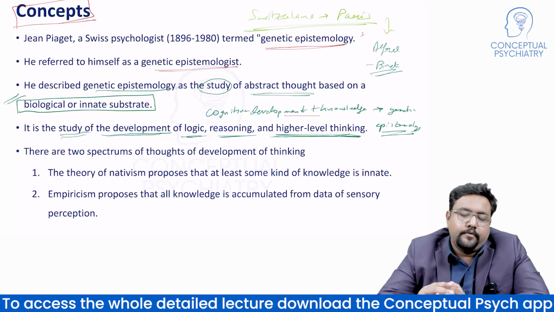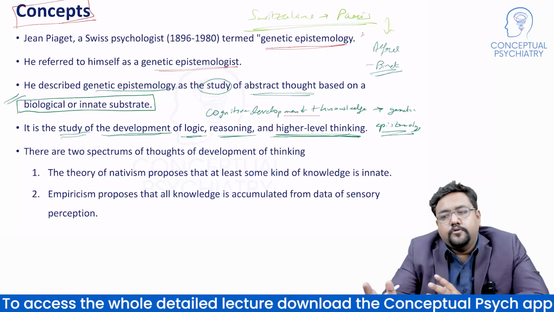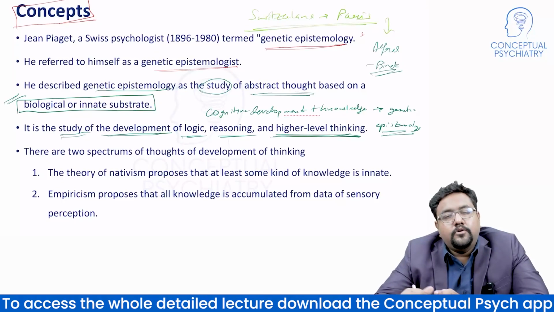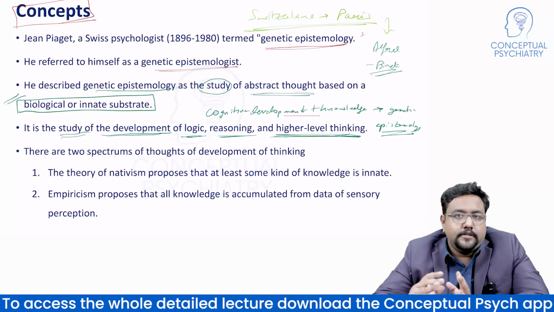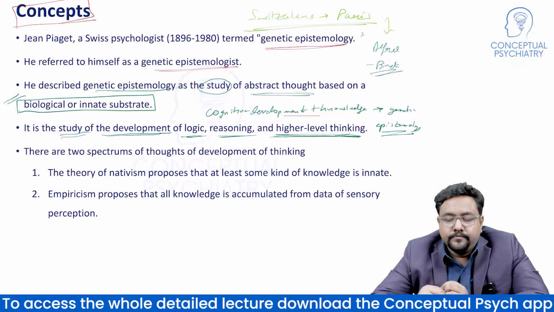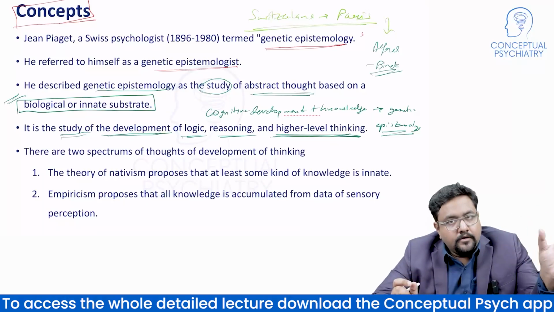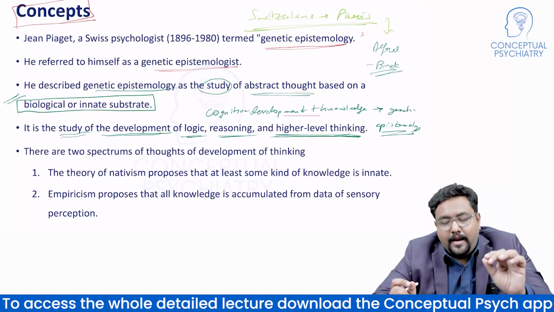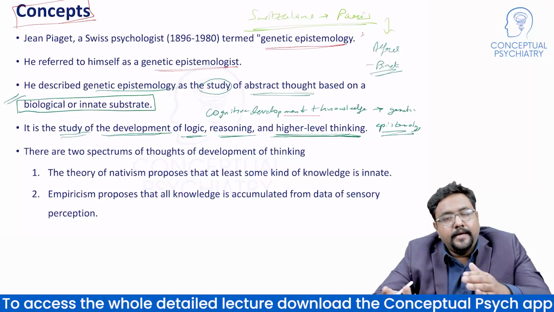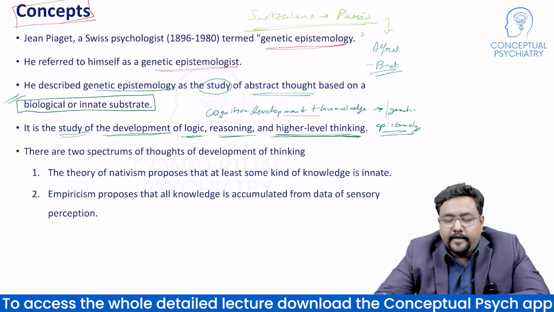Different types of knowledge, from reasoning knowledge to factual knowledge, logical reasoning. That is basically different types of knowledge. So this knowledge plus some genetic predisposition, the biological innate substrate, the cognitive development, and the knowledge that the child gathers together will form the genetic epistemology.